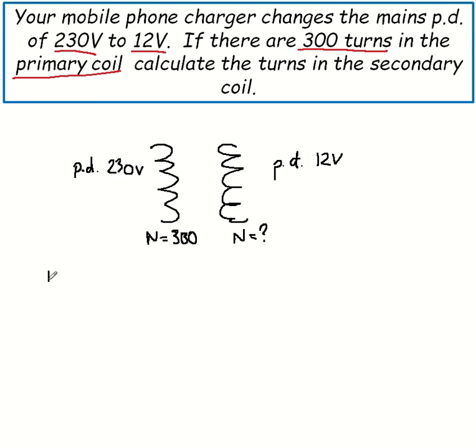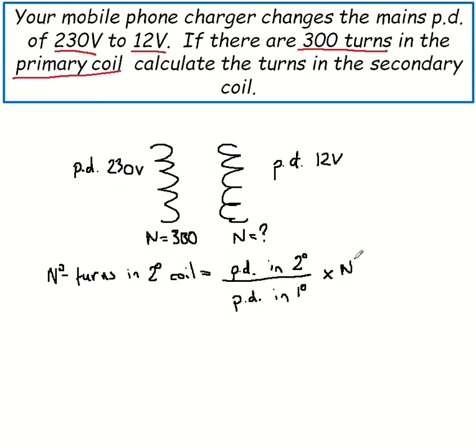So what we're going to have is the number of turns in our secondary coil, and when we rearrange that, what we're going to find is it's the potential difference in the secondary coil divided by the potential difference in the primary coil, and we then multiply that by the number of turns in our primary coil. Okay, so that's how we'd rearrange this one.